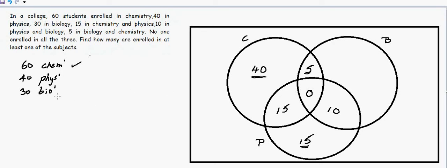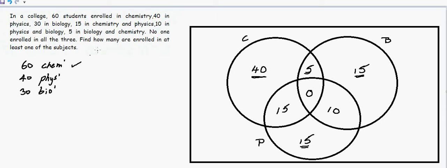And then biology, again, we go to the biology circle, and we have 15 already here because they're studying other subjects as well. So we've got those 15, 30 in total, so 30 from 15 means that the remaining 15 studied biology alone.